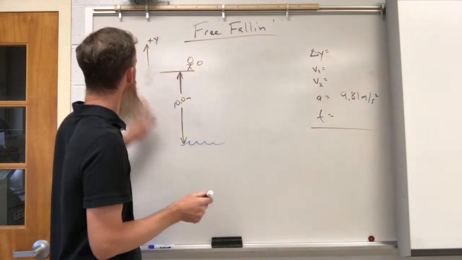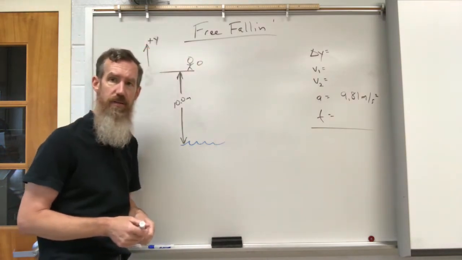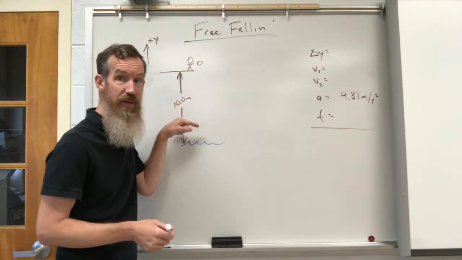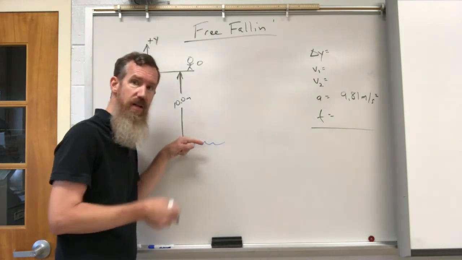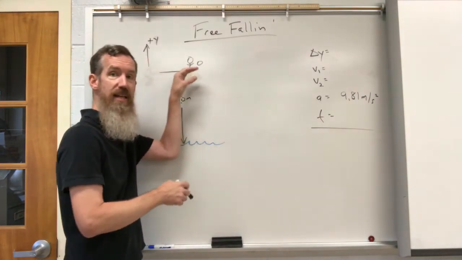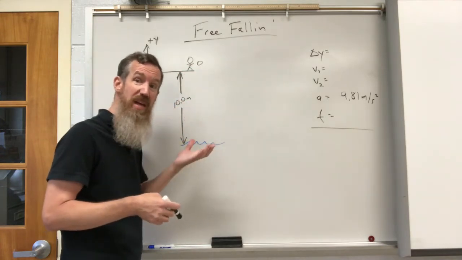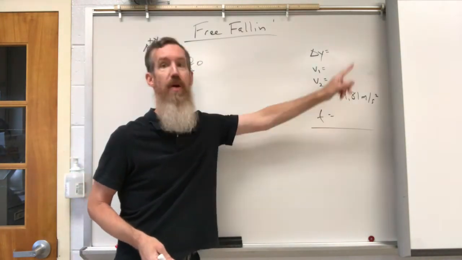And so if we make positive upward, but this object is going to fall and speed up as it falls. Because remember, free fall: you start from rest and then it gets faster and faster and faster. As a matter of fact, it changes velocity by almost 10 meters a second per second.